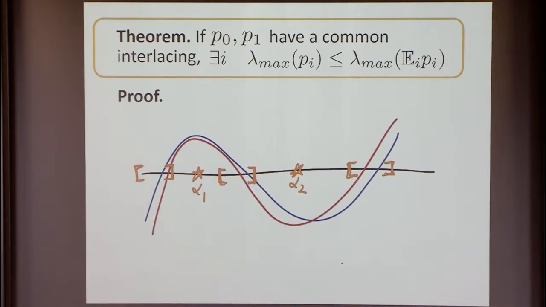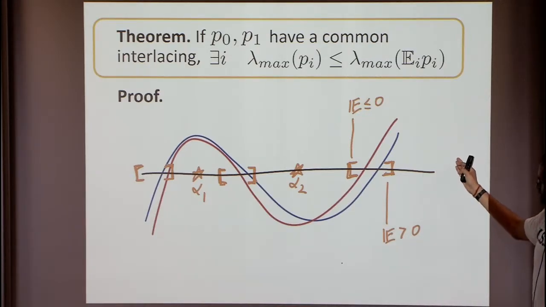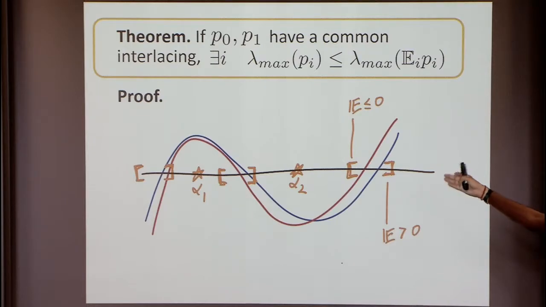So let me look at these intervals, and let me shrink them so that their endpoints are now actually roots of these polynomials. Just shrink them so they're snug up against some of these roots. And I'm interested in the largest root, right? So let's look at the largest interval. Observe that to the right of this interval, both polynomials are strictly positive. That's just because the polynomial is monic, so it goes to infinity as x goes to infinity.